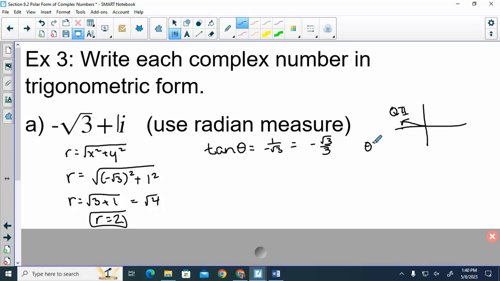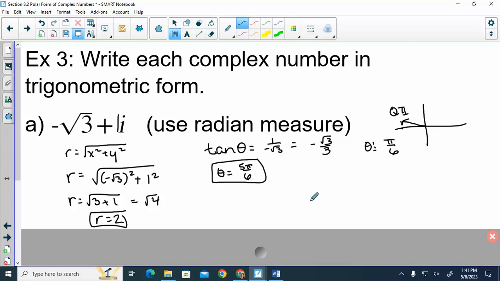Reference angle. When is tangent radical 3 over 3? 30 degrees. In radians, that would be pi over 6, and that's just because I said radian measure. So our angle, pi over 6 in quadrant 2, would be 5 pi over 6.